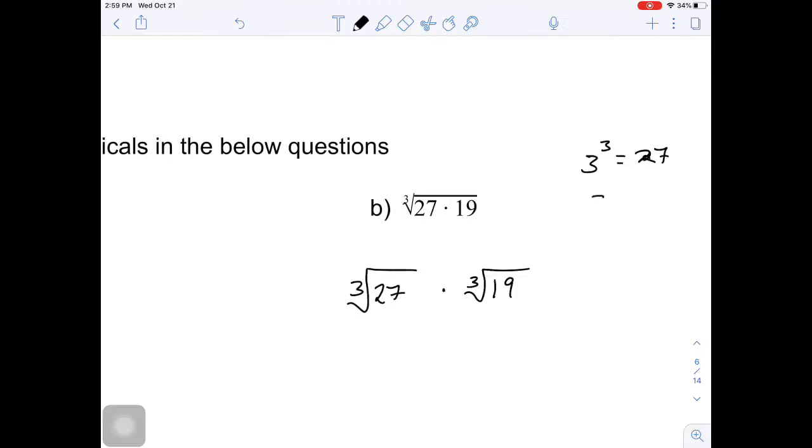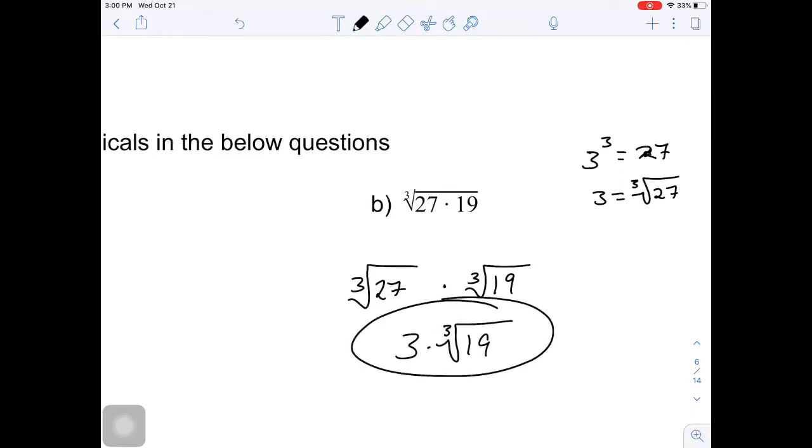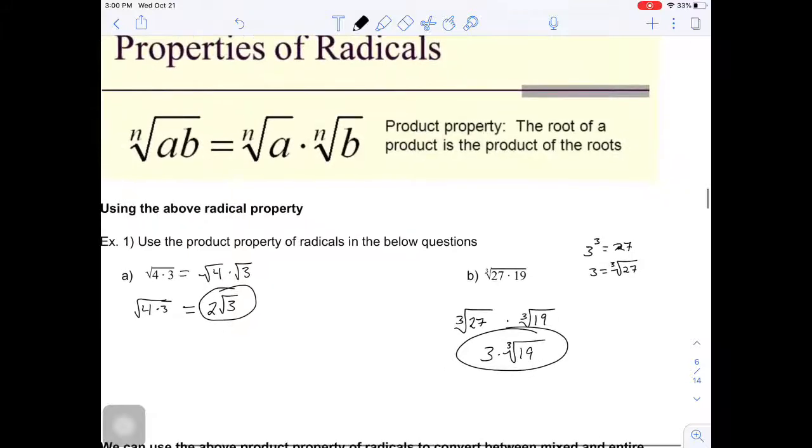So the cube root of 27 equals 3. So we have 3 times cube root 19. When you're writing this, it's really important to show the index very visibly. Okay, so there we've used the above property.